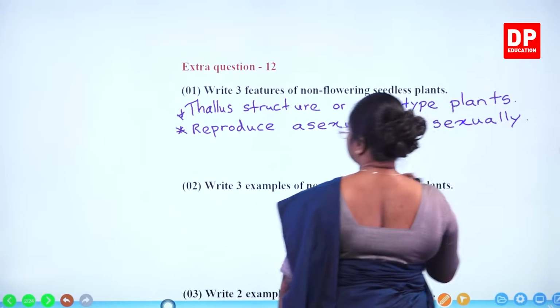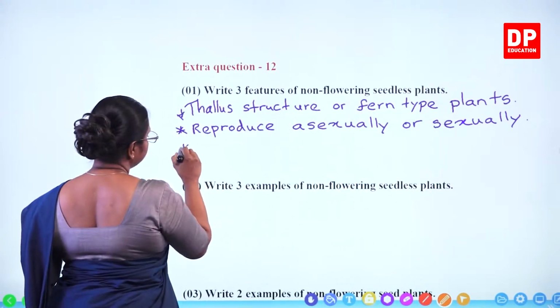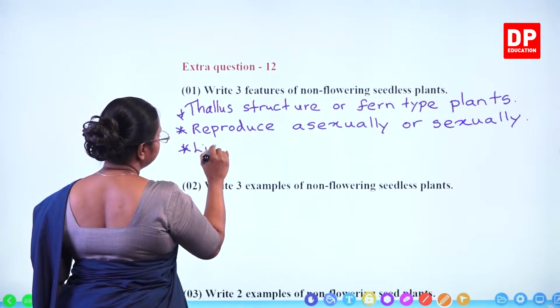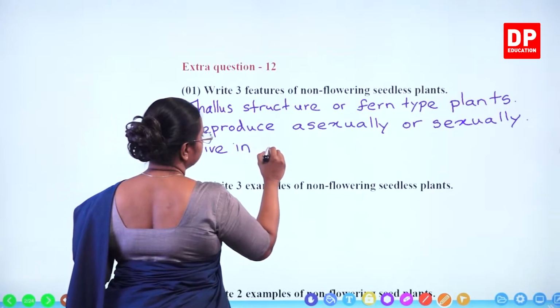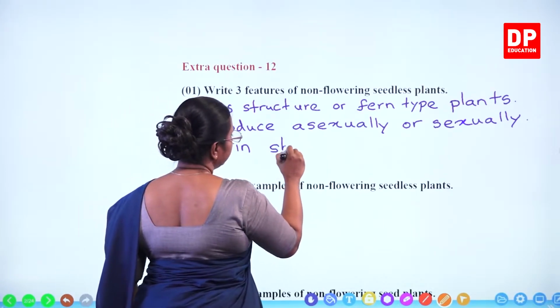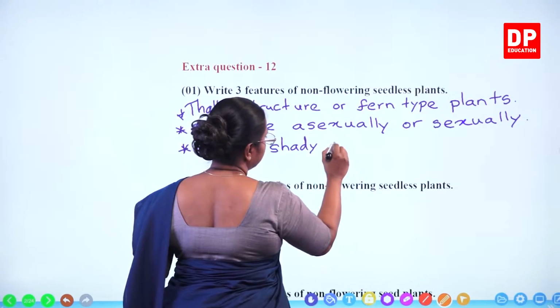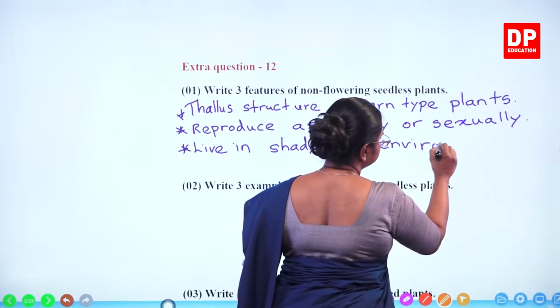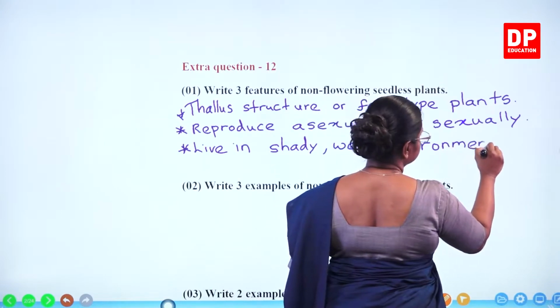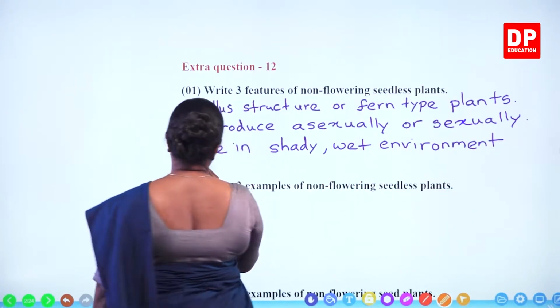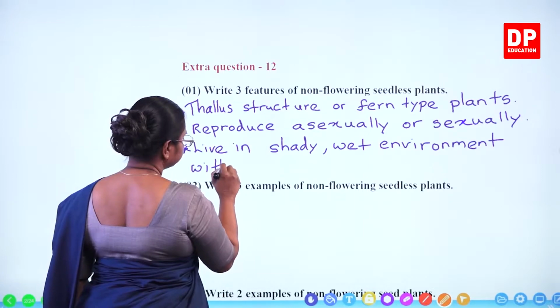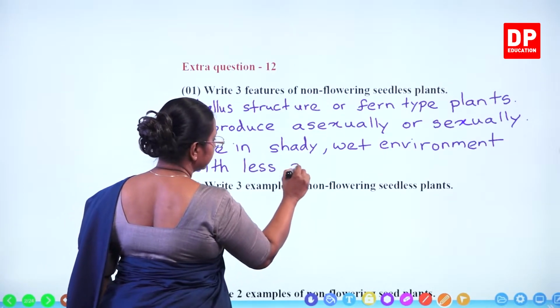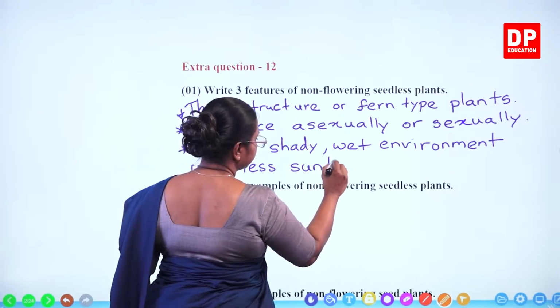Then we can say live in shady, wet environment with less sunlight.